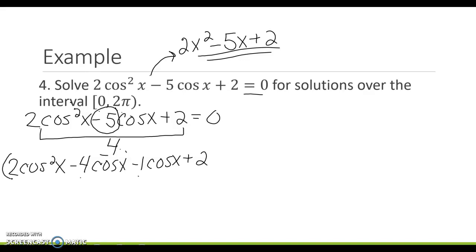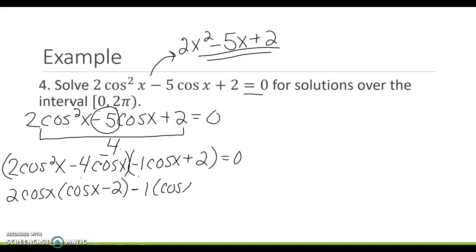Now we're going to factor by grouping. So for the first two, I can factor out a 2 cosine of x, leaving me with cosine of x minus 2. For the second two, I'm factoring out a negative 1, leaving me with cosine of x minus 2.